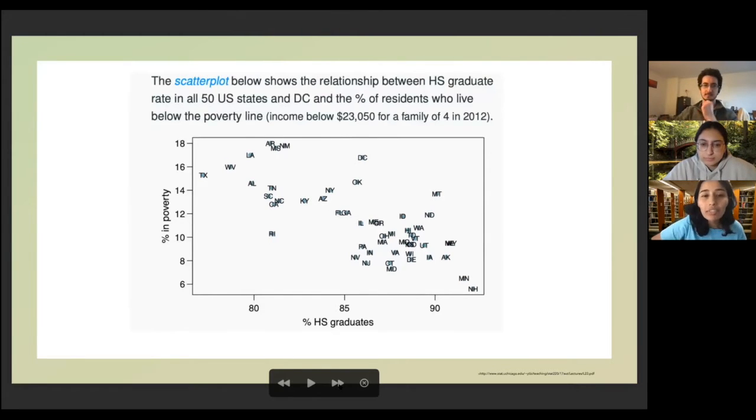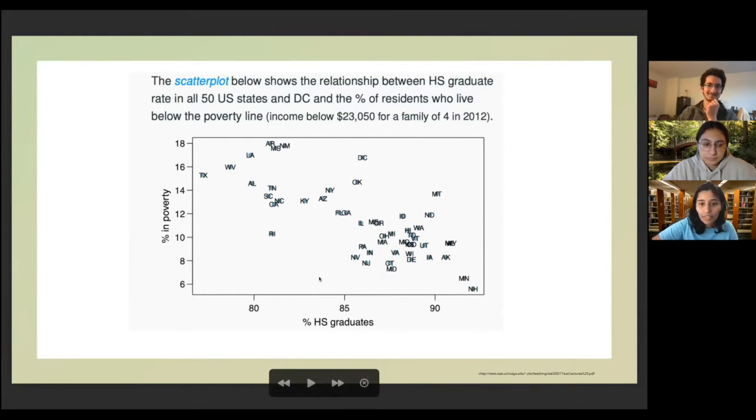This is a small example, not from physics but from our daily lives, of how regression works. This is a plot of the relationship between the high school graduate rate and poverty in the 50 states of the United States of America.